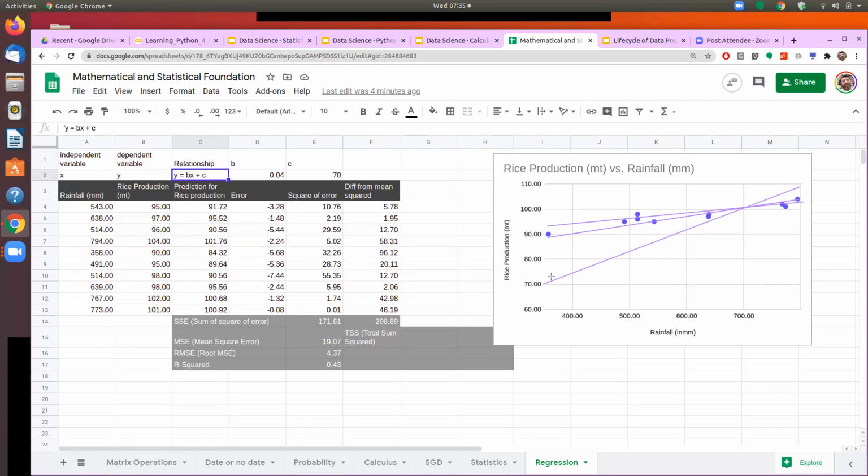That is what will tell us how accurate my prediction is, because if my prediction is the same as the actual, then we are making a very good prediction. If my prediction is far away from the actual, then we are making a bad prediction, and that is what we measure as error. So error is the difference between our predicted value and the actual value. So if my prediction was 91.72 but my actual value was 95, my error is minus 3.28.